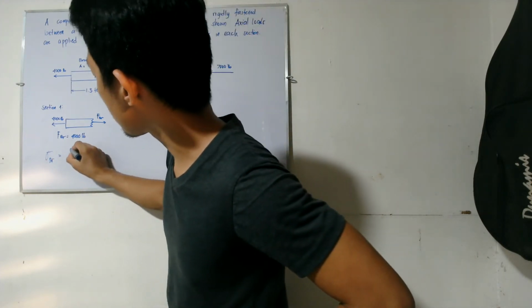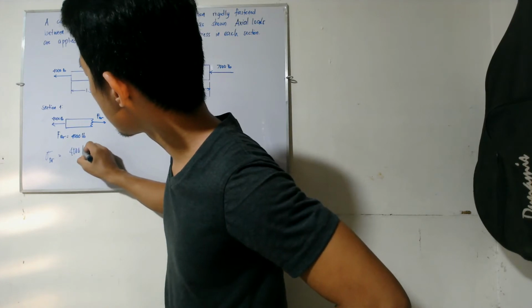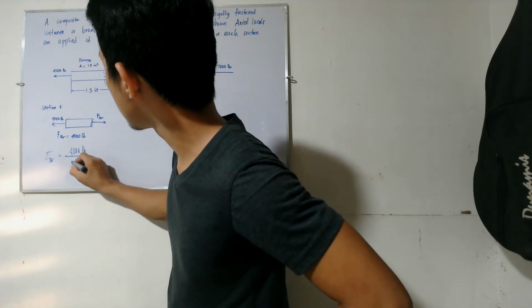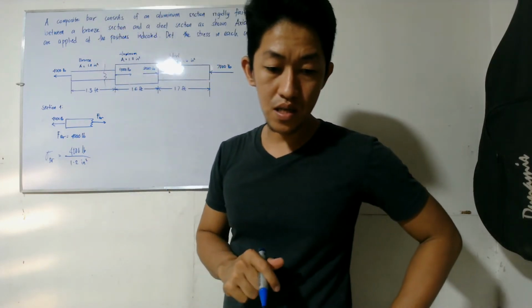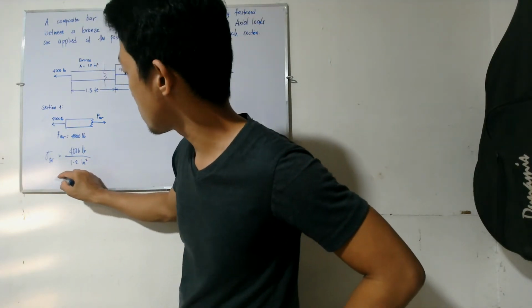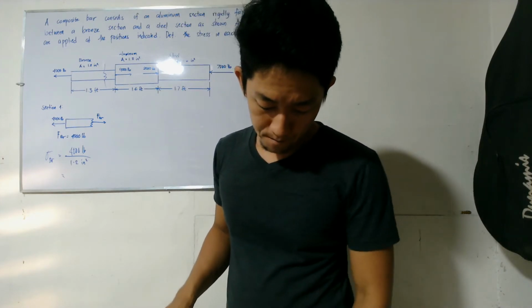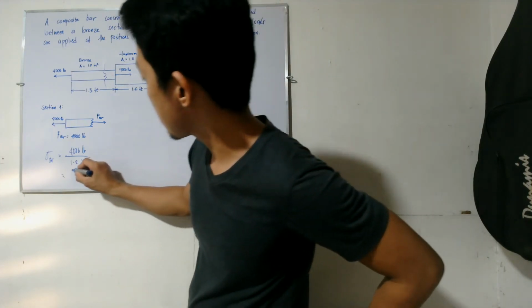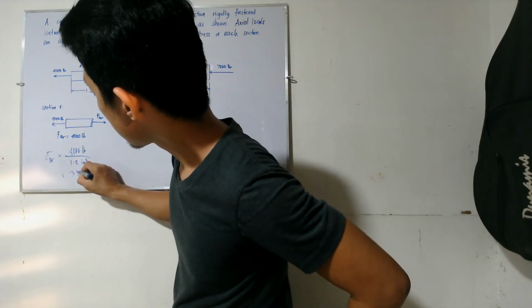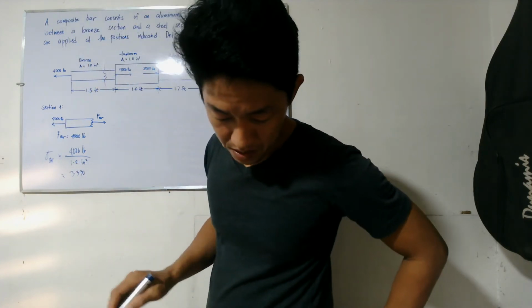This is just 4,000 pounds over 1.2 square inches, so this is equal to 3,330 PSI.